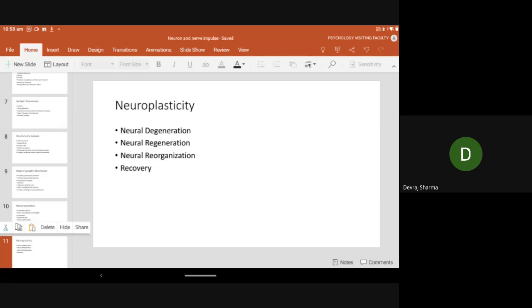Now, with the discovery of neuroplasticity, neuroscientists are conducting various studies on neurotransplantation.